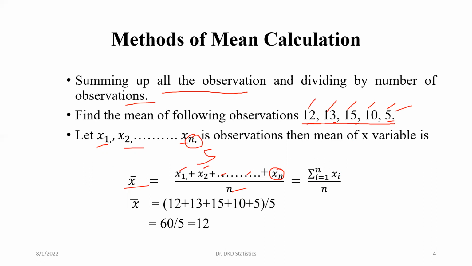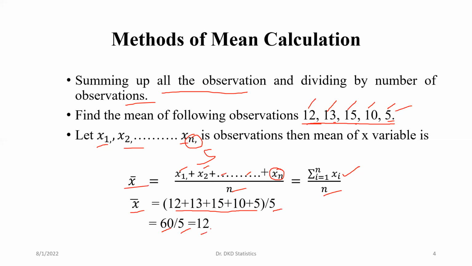Mathematically we can write it as summation i equal to 1 to n of xi divided by n, which is the number of observations. Now we can find x bar by adding all the observations and dividing by the total number of observations. Once we add all the values, we get 60 divided by 5.